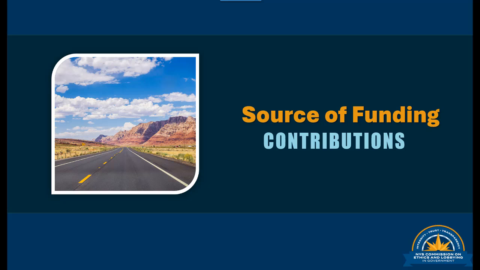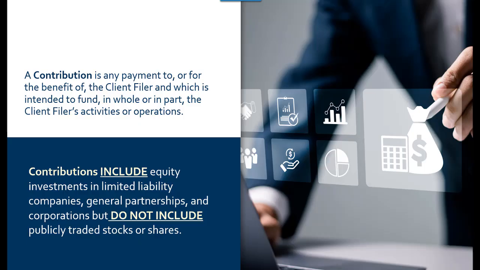Stop 3 on the roadmap is where you determine whether or not you receive contributions. This slide describes in detail what a contribution is. A contribution is defined as any payment to or for the benefit of the client filer and which is intended to fund in whole or in part the client filer's activities or operations.